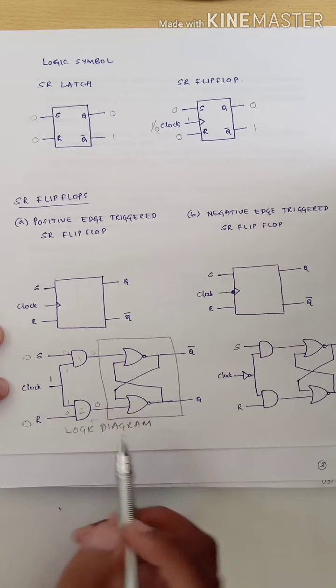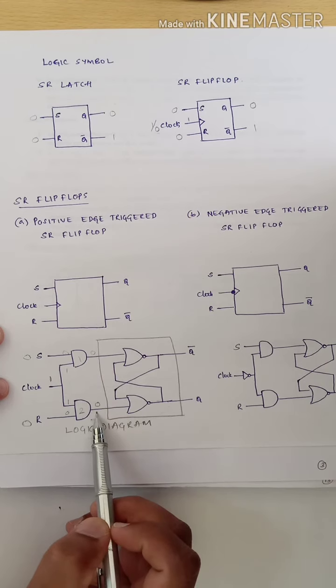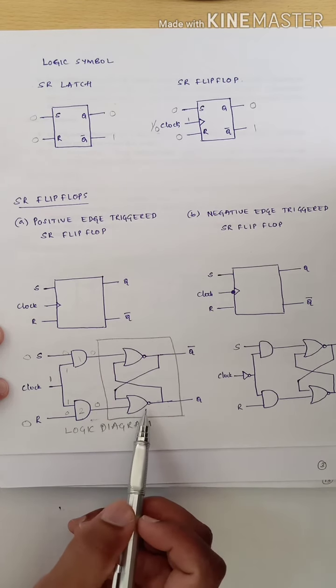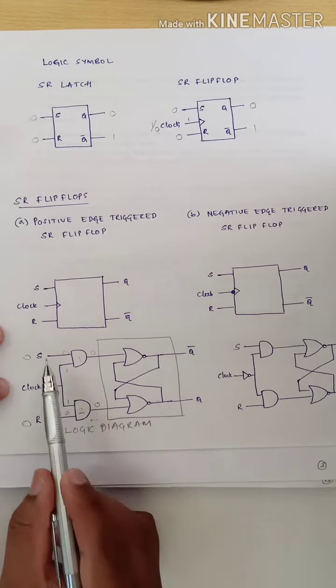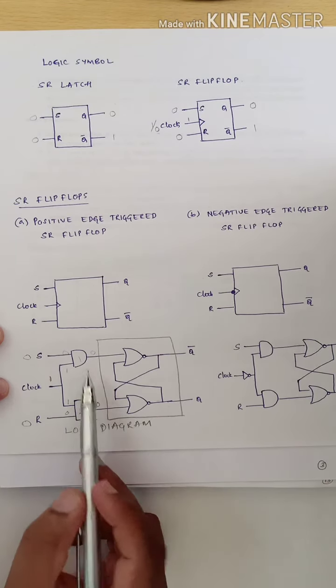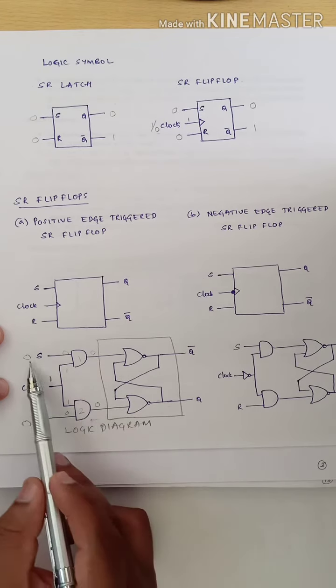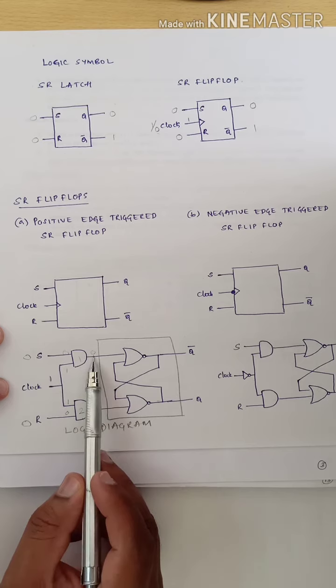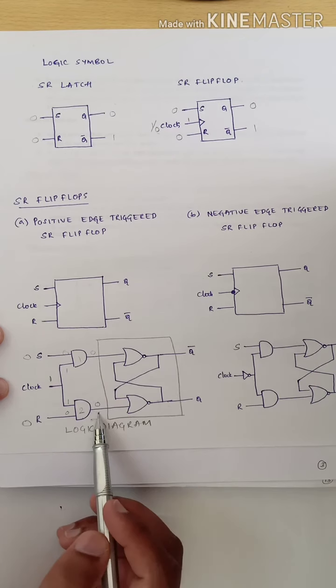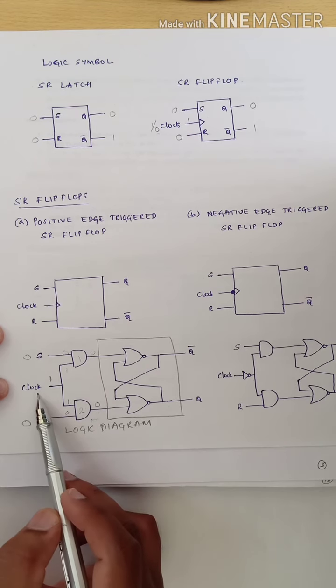So these are the two input signals at the SR latch. Here you can see the inputs were 0 0, and the outputs of the AND gates are again 0 0. It means these two are one and the same: this 0 you have found here and this 0 you have found here. So you read this as the output state of the AND gates only upon giving the clock input.